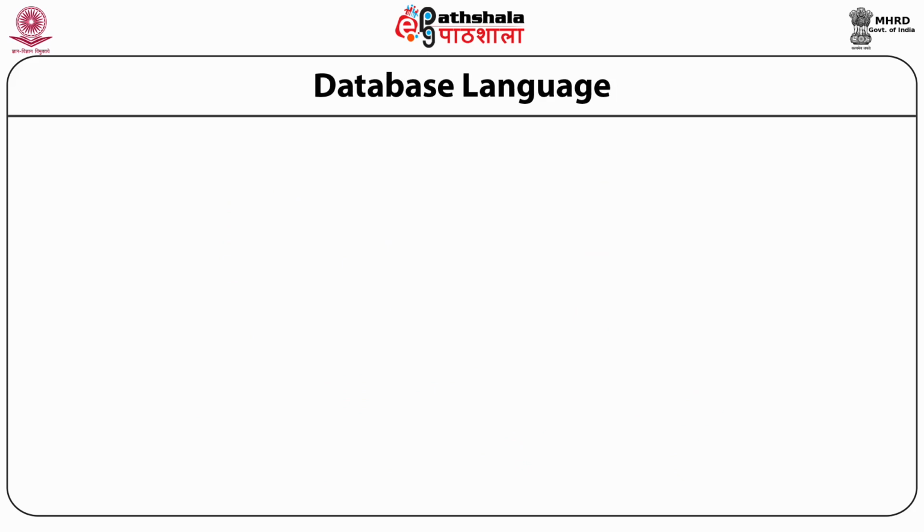Database language. Database language is a very important aspect of any database management system, as these languages, these vocabularies, help us in how the database should function, or how to give commands to the database so that different functions can be performed over the database. There are three parts of database languages.